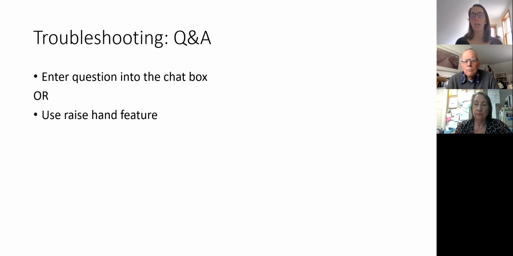If the waiting room is enabled and you're already in the meeting, you will see in the participant list the people in the meeting and then a list of people in the waiting room. There is an option in the waiting room to just admit all. You don't have to do it one by one. Also, when the participant list is open, at the very bottom there's a more button with a little arrow.